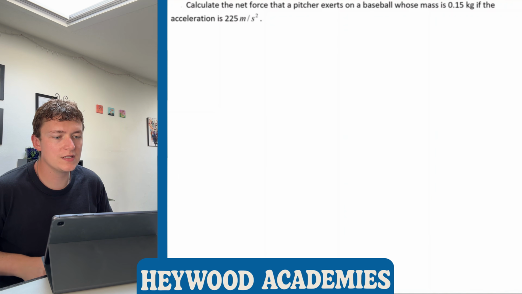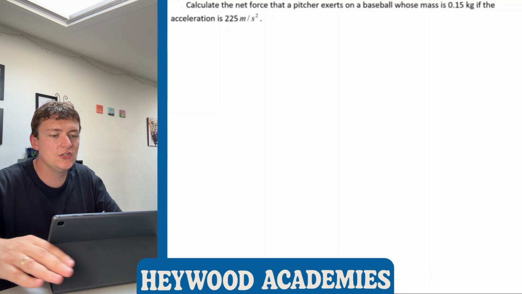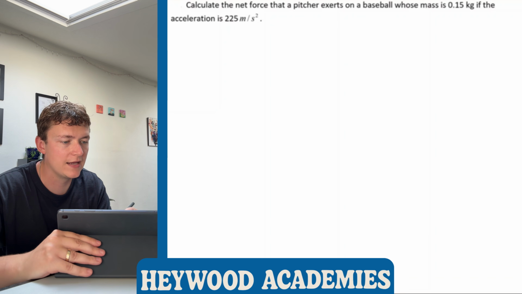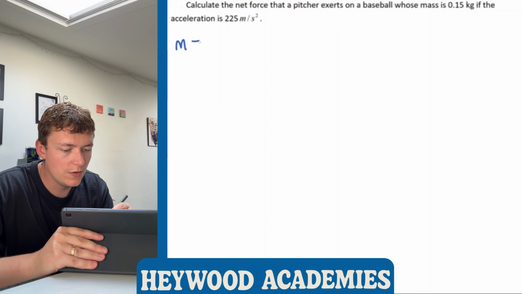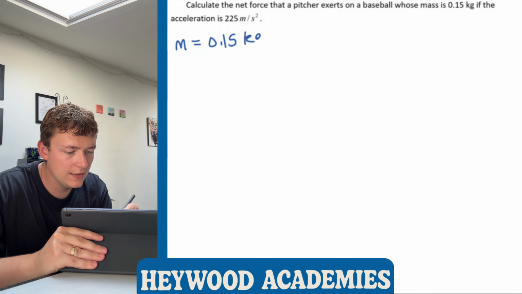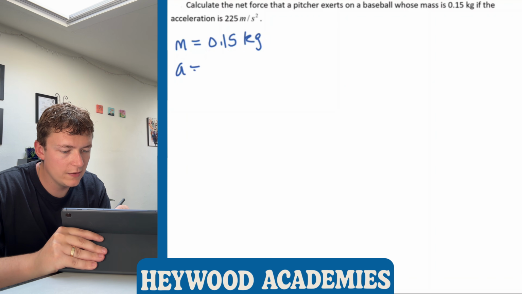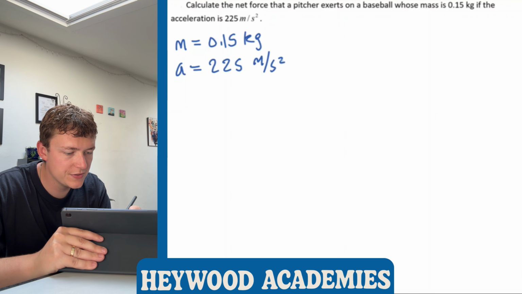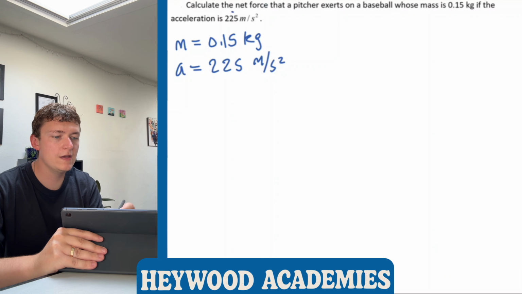Calculate the net force that a pitcher exerts on a baseball whose mass is 0.15 kilograms if the acceleration is 225 meters per second squared. So they gave us mass as 0.15 kilograms, acceleration as 225 meters per second squared, and they're just looking for the net force.